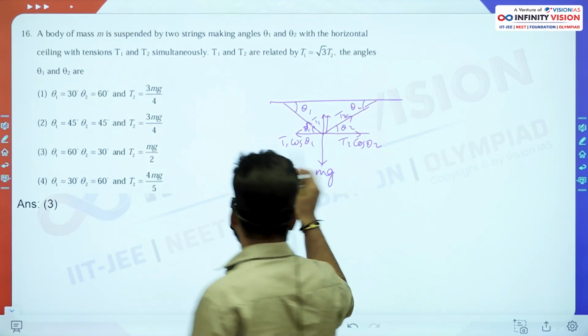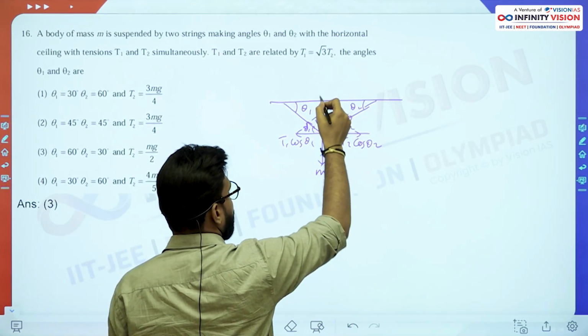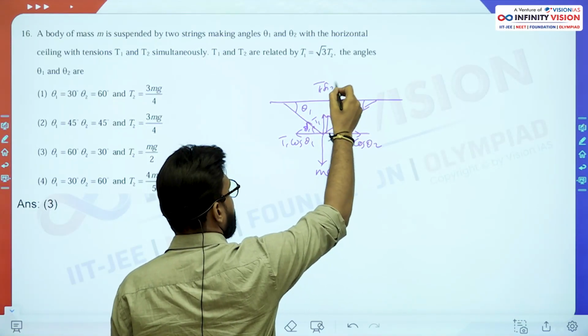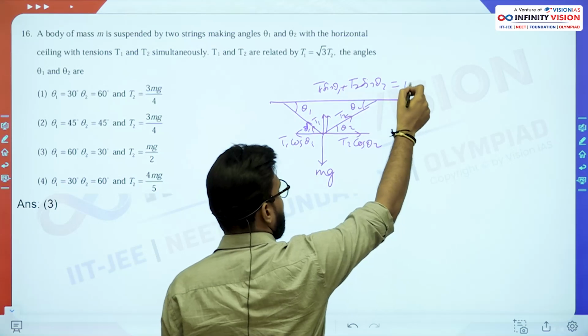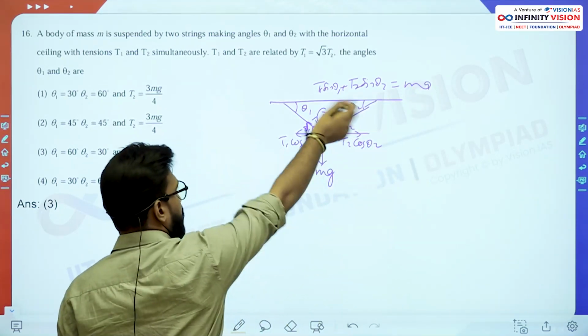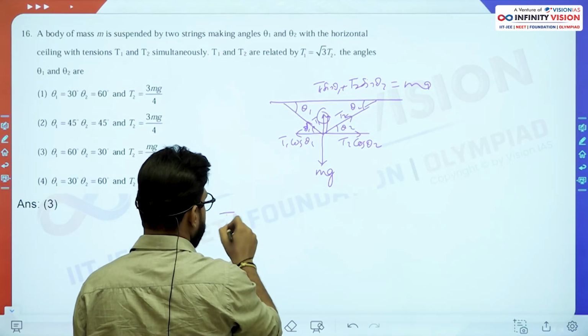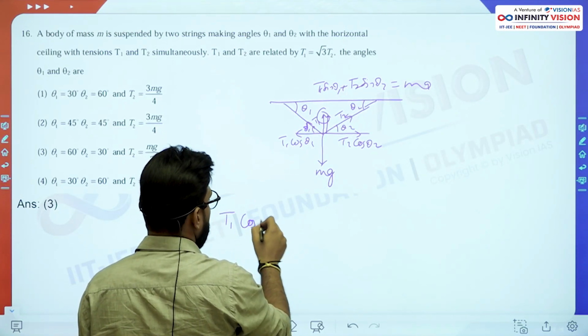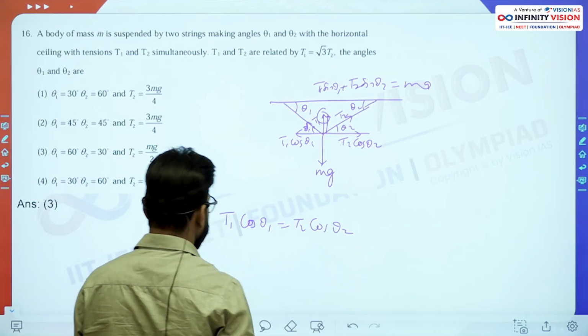So these two are gonna balance each other, and the sine component of T1, which is T1 sine theta 1, plus T2 sine theta 2 is gonna balance the weight. These two components are gonna balance the weight. So these two are gonna cancel out each other at equilibrium. So T1 cos theta 1 must be equal to T2 cos theta 2.